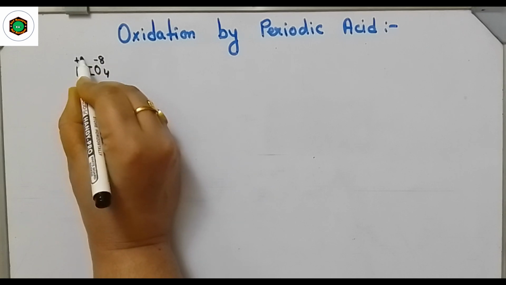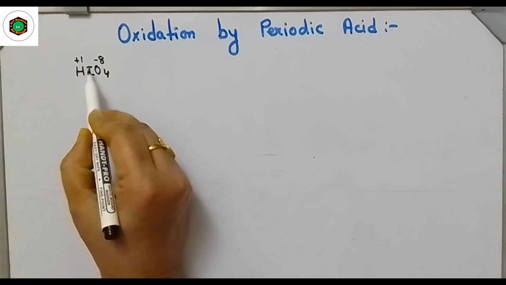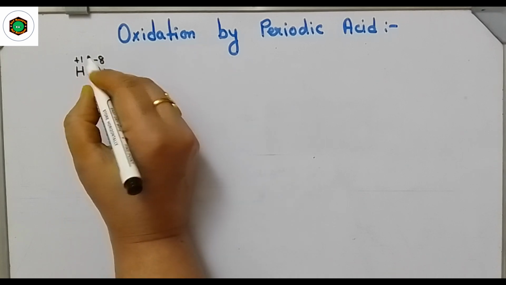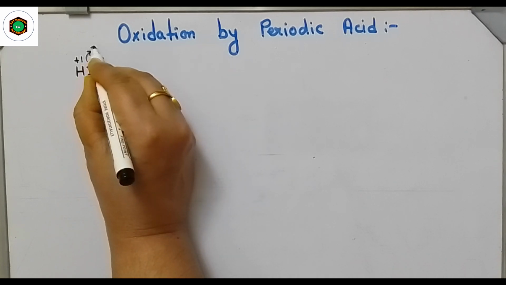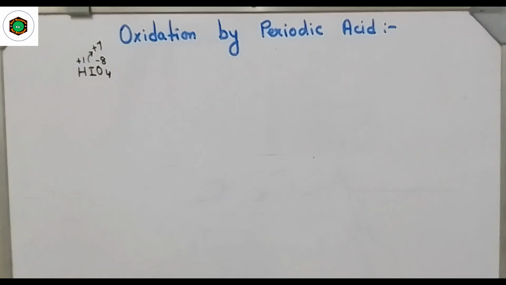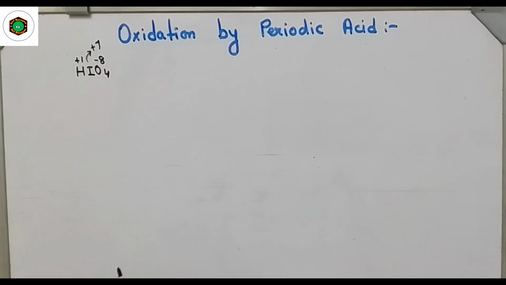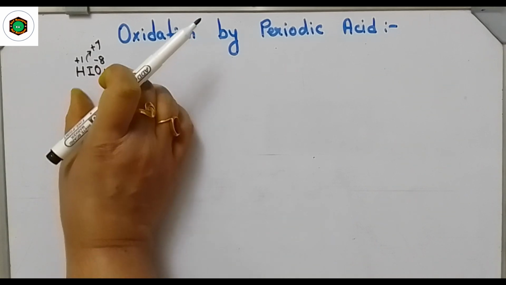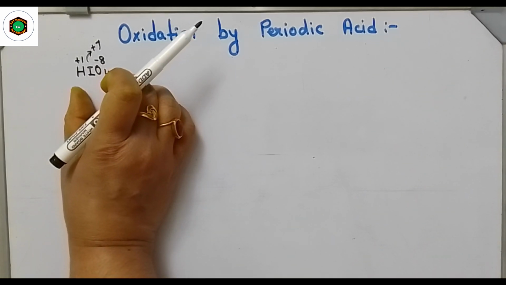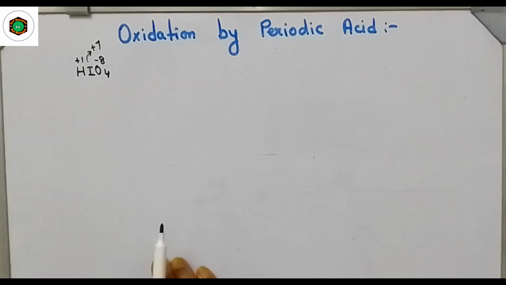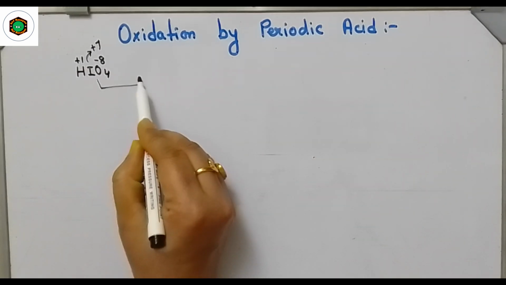Hydrogen is having +1. So if you put oxidation state of iodine as X, you will get oxidation state +7. So iodine is in its highest oxidation state in HIO4, so it is a strong oxidizing agent. It oxidizes others and itself it will be reduced.